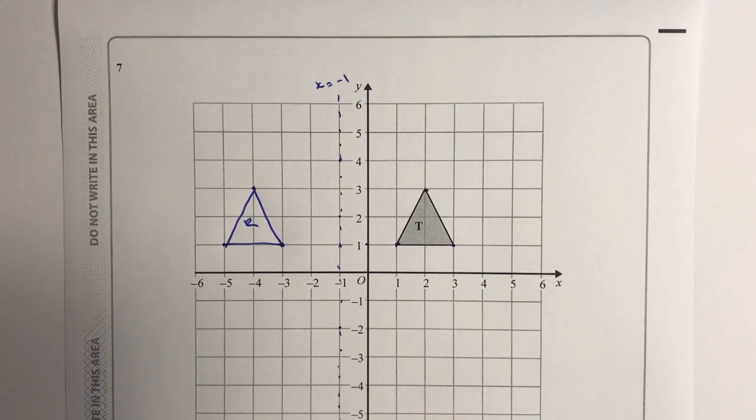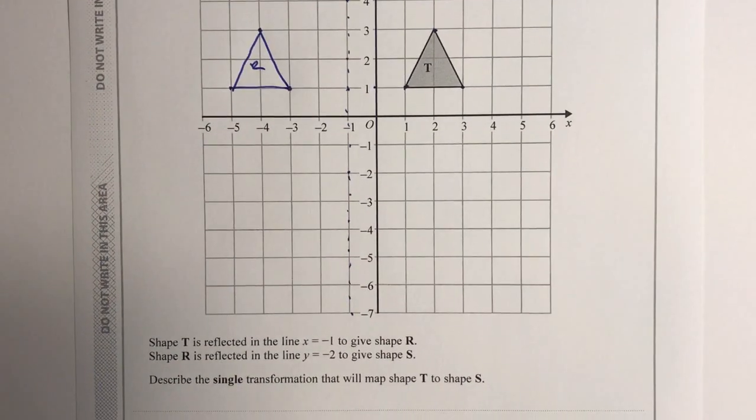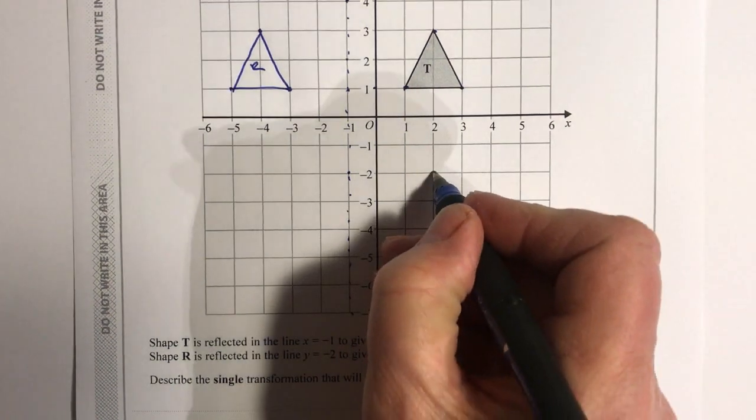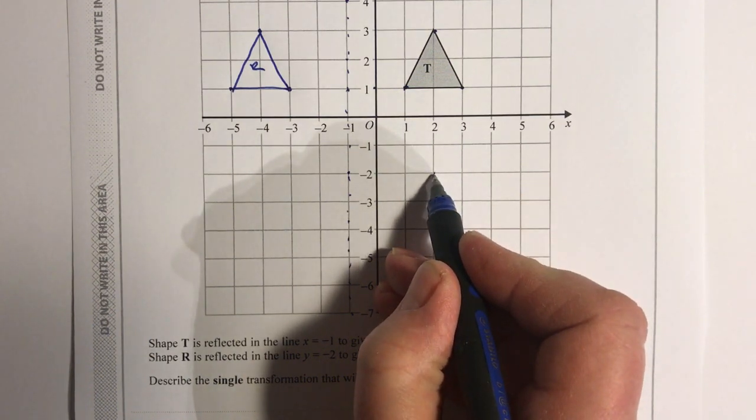Okay, so then it says shape R, which we've just drawn, is now reflected in the line y equals -2 to give shape S. Okay, so again, we've got to look at where y is -2. Well, if we look at this point here, x is 2 and y is -2.